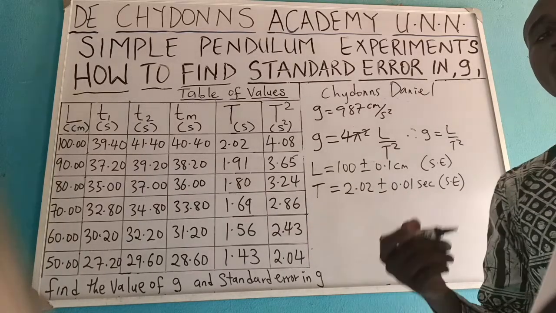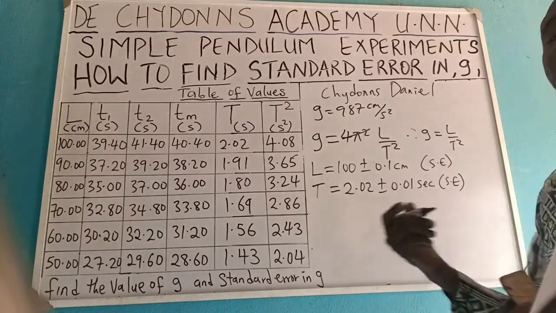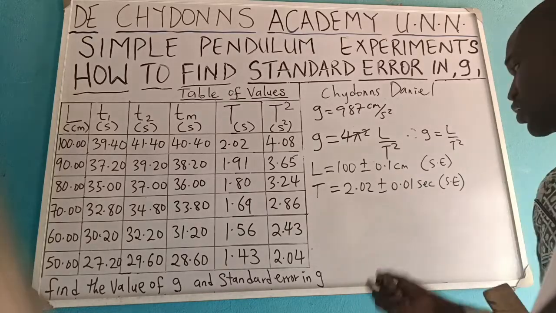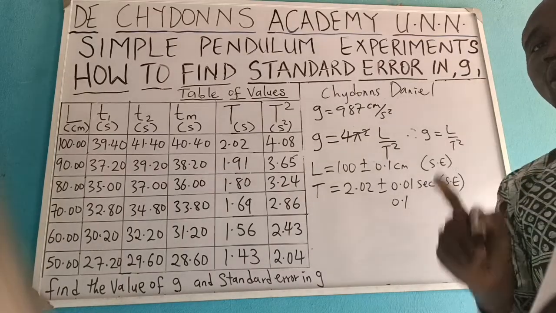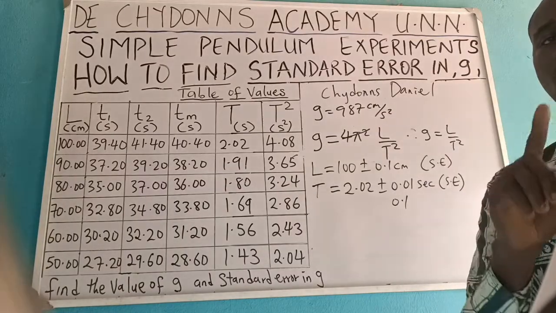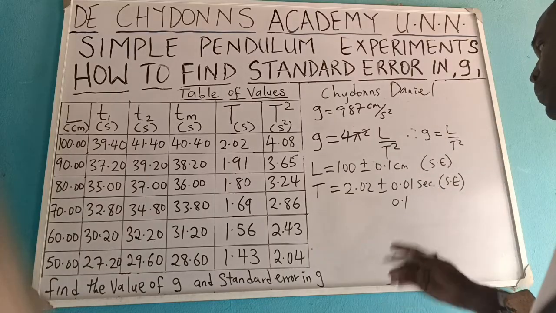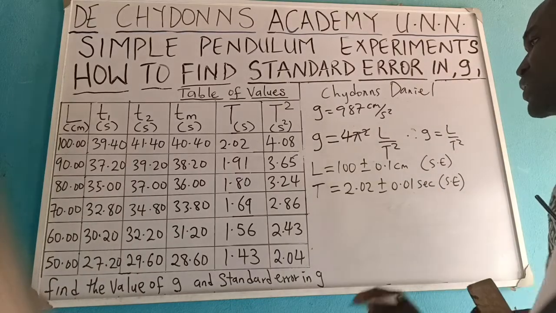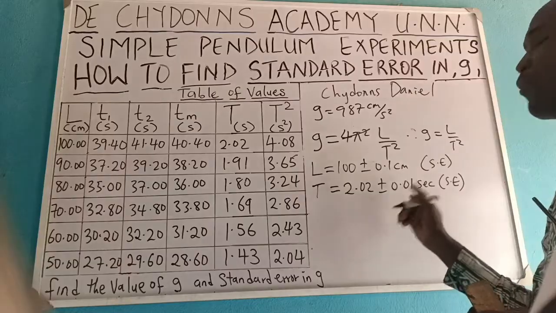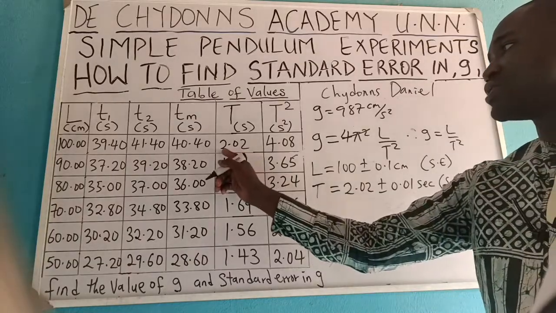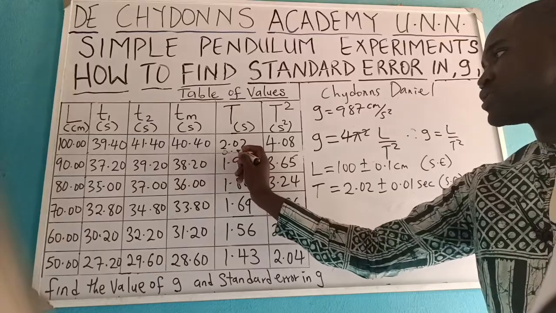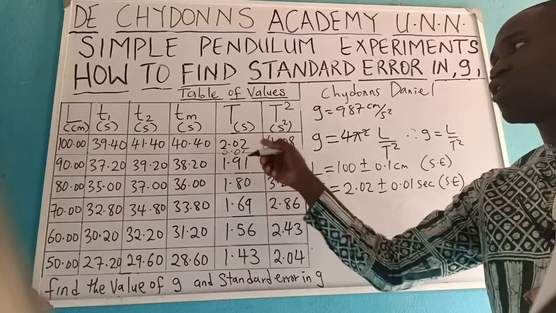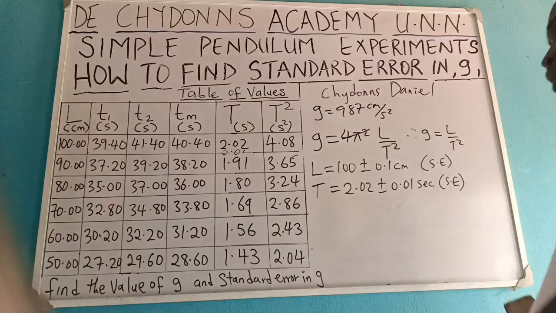Sometimes you see it as 0.1, sometimes as 0.01 second, depending on whether it's a stopwatch or stop clock that is used. But in this experiment, its own is what? 0.01, like it goes into decimal, so to speak.